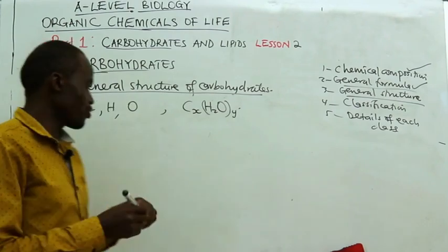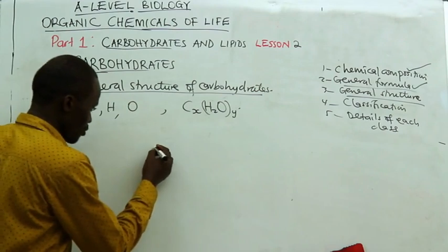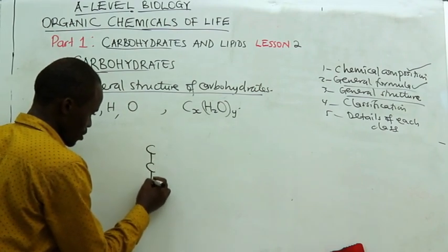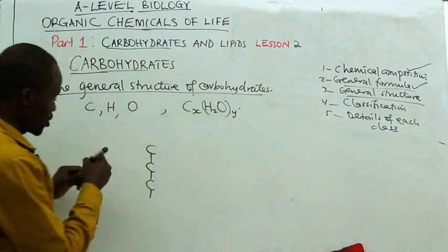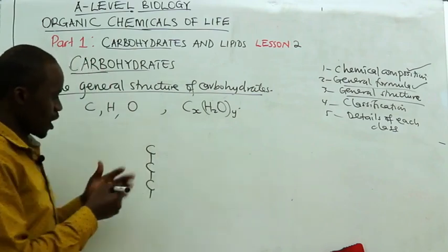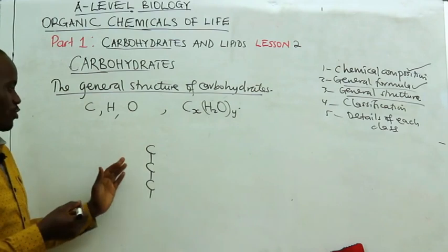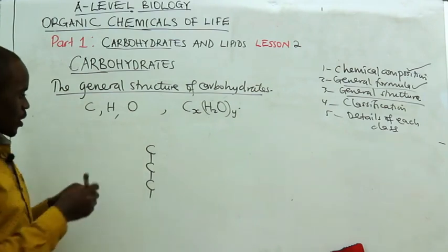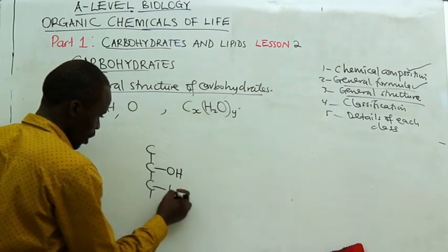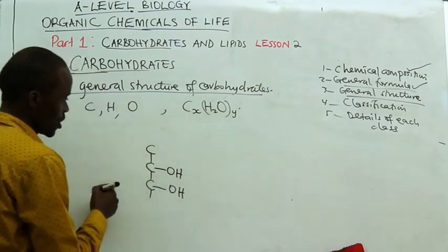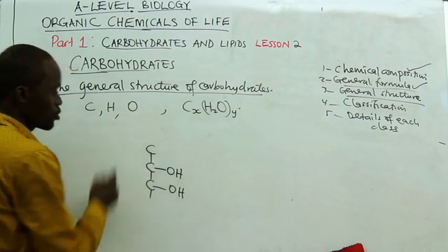So if you have, for example, 3 carbon atoms, we shall find all the carbon atoms having an OH group attached to them, except only one.